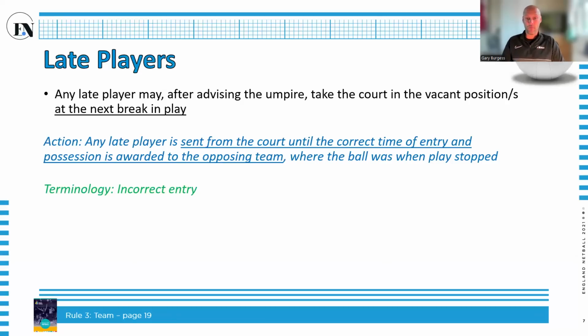Because you will need to remember where it is. Once all of this kerfuffle is dealt with, you're going to then have to set the pass where the ball was when play was stopped. Okay, so a real simple update to a number of rules previously into 3 distinct new rules, which tidy up all of those previous confusions.